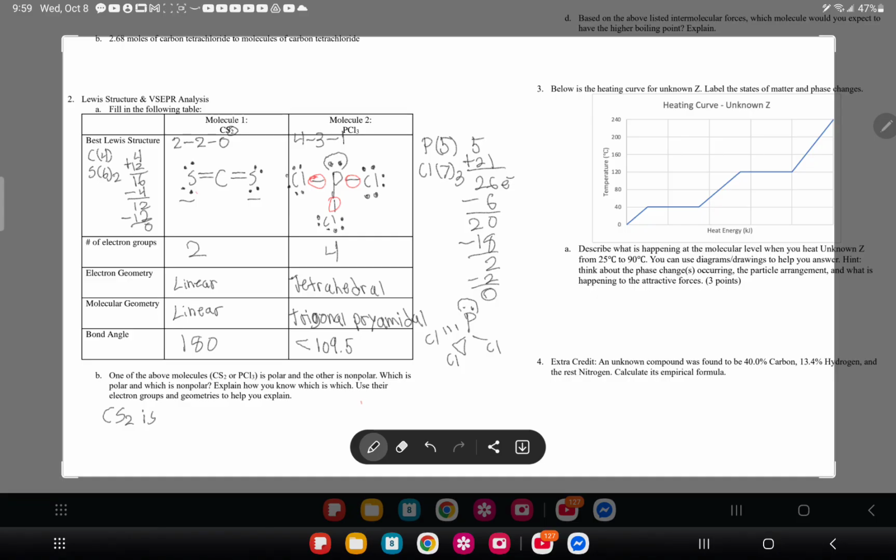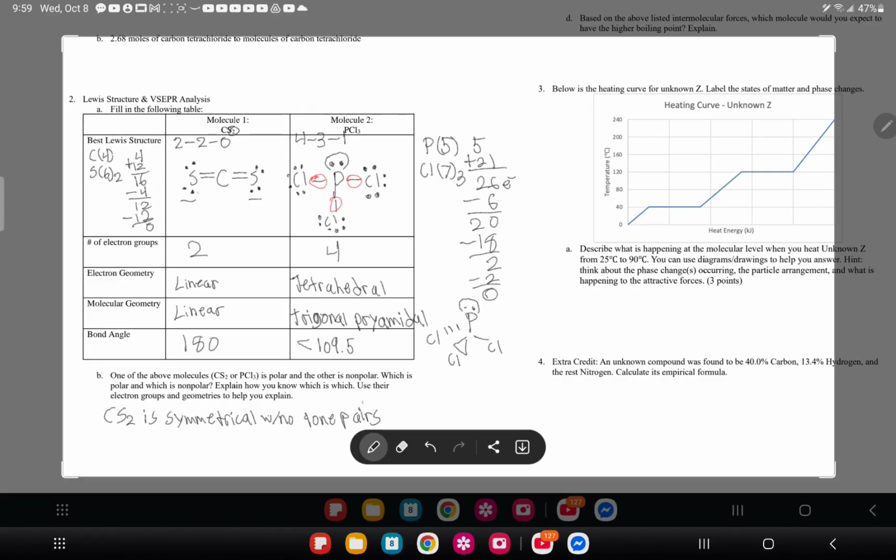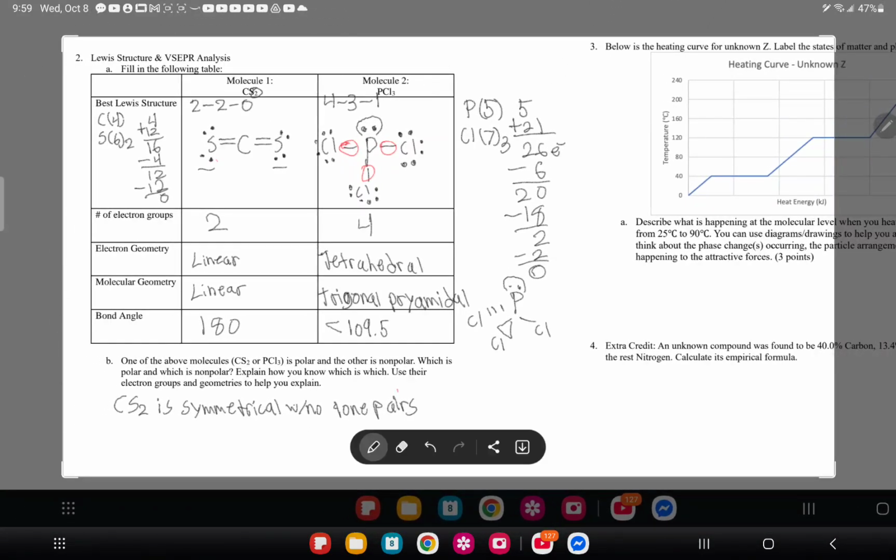CS2 is symmetrical with no lone pairs and forms a linear geometry.